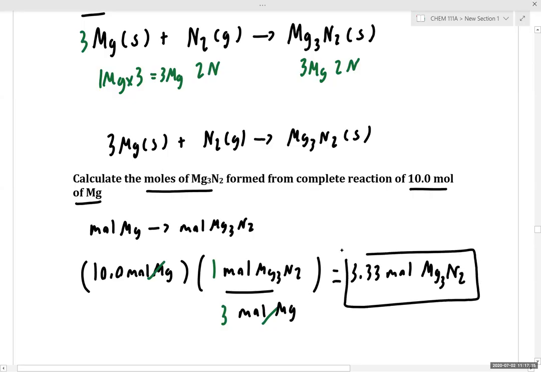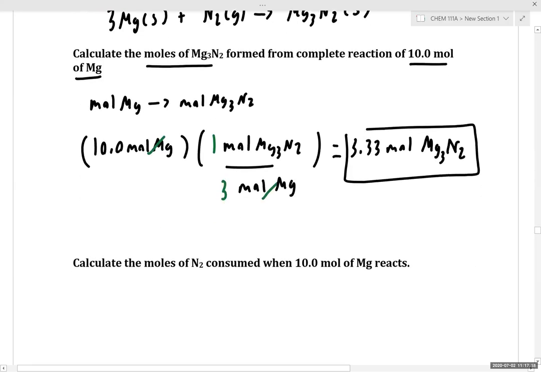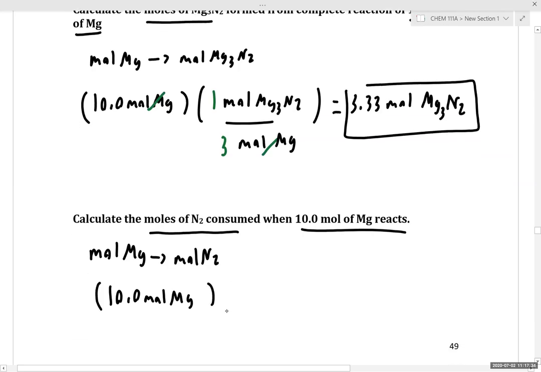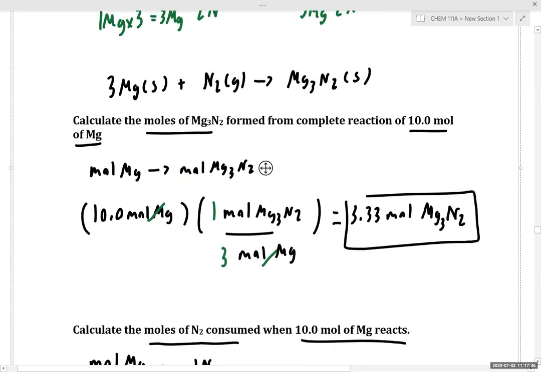Okay, so let's look at the next part of this problem. We're asked to figure out the moles of nitrogen consumed when 10 moles of magnesium reacts. So we're going from moles of magnesium to moles of nitrogen. So we have 10.0 moles of magnesium. And our goal is to figure out, looking at our chemical equation, how many moles of nitrogen are required per how many moles of magnesium.